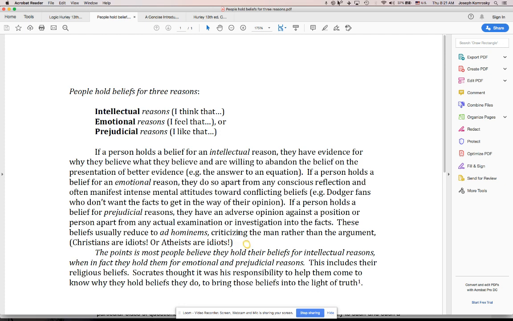Another good way to think about prejudicial is, for example, let's say that you don't know anything about hockey, right? And a lot of your friends are Ducks fans. I happen to be a Ducks fan. Some of you are Kings fans, whatever. It depends what part of the world you live in, right? You may be Canadian. Say, look, I'm neither. But let's say you're not a fan of any particular team, but most of your family and friends are Ducks or Kings or whatever fans.